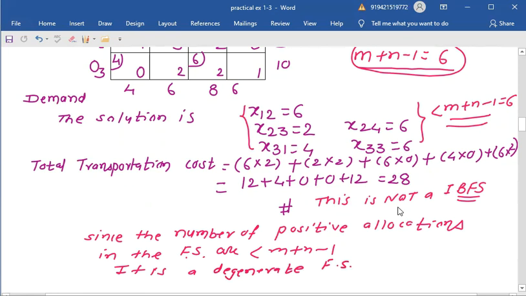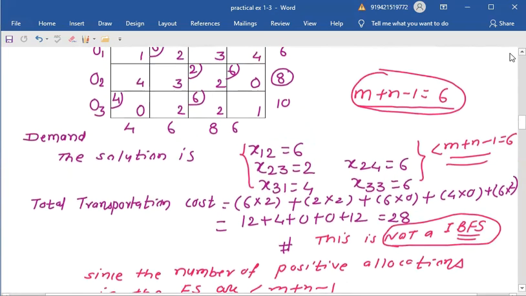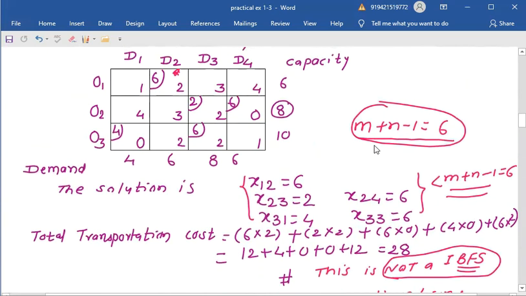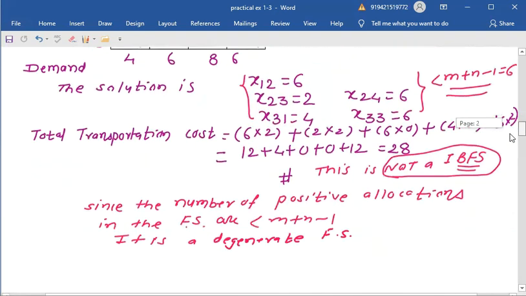So this is not a basic feasible solution, because it contains fewer than m plus n minus 1, that is, fewer than 6 positive allocations. That is why we are solving this example once again, because we want a basic feasible solution.